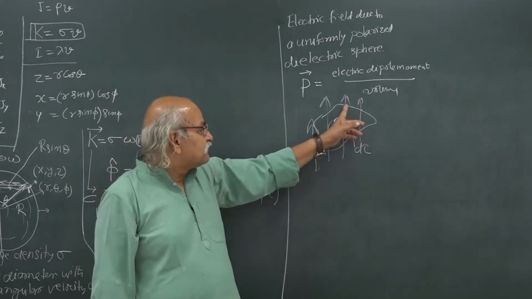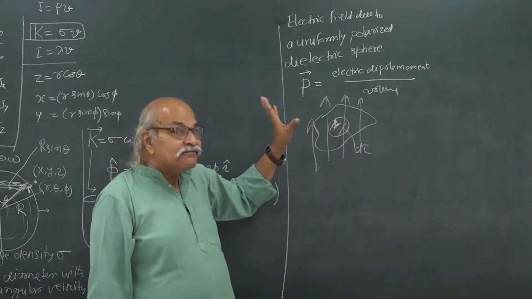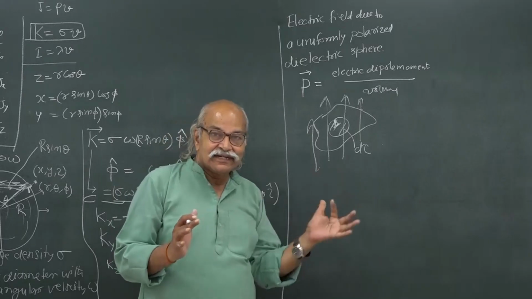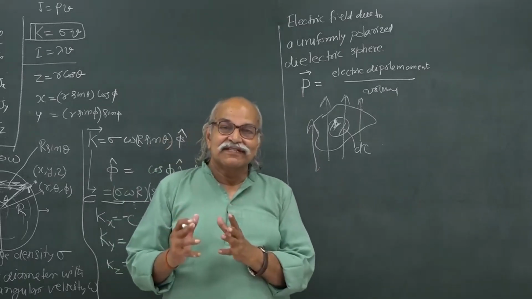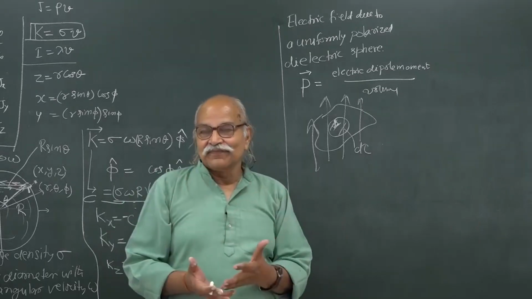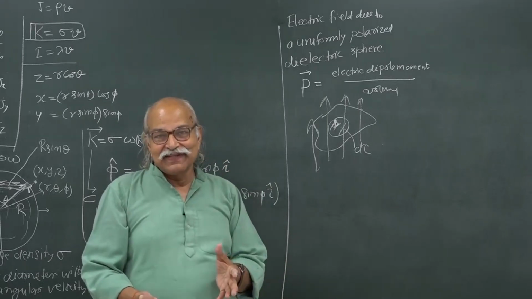But on the surface you do get a surface charge density. When you put a dielectric in an electric field, on the surface you get a surface charge density. The total is 0. At some places it will be positive, at some places it will be negative.